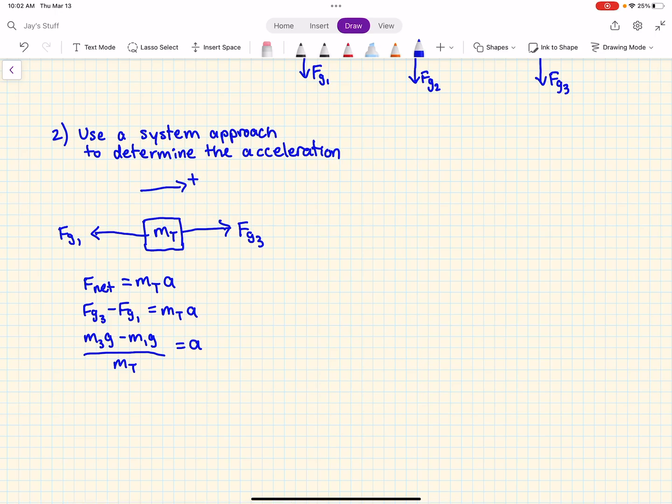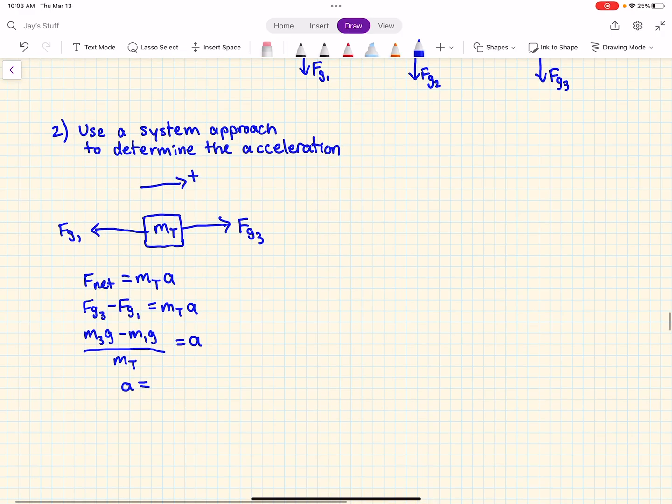So now we can sub all the numbers in. We have mass 3 is 3 kilograms. We know g is 9.8. Mass 1 is 1 kilogram. And total mass is 9 kilograms if we add them all up. So if we add that all up, we get that the acceleration is 2.1778.